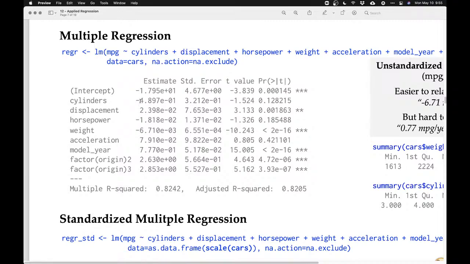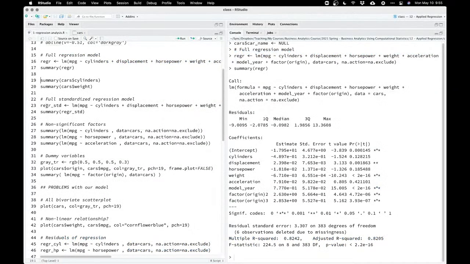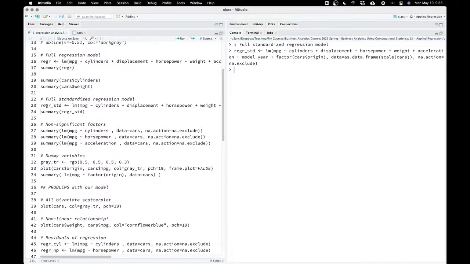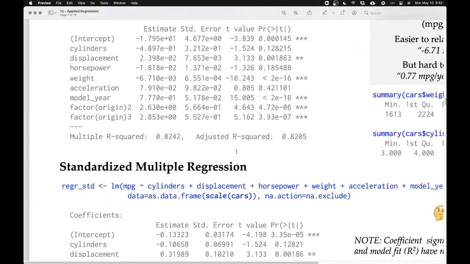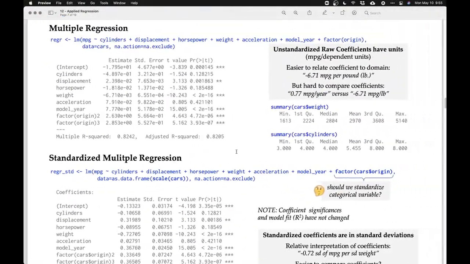By themselves, the coefficient gives you, in the raw units of the data, some explanation. If you do want to compare the coefficients to one another in some way, one possible solution is to standardize the whole data set. So let me look at the code for how I'm standardizing it. There's many ways to standardize it.